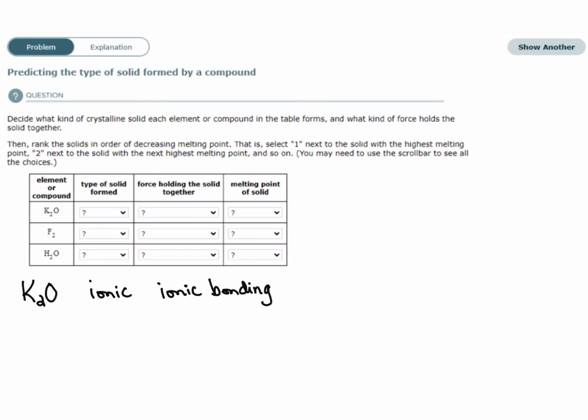And the second compound is F2. That is 2 nonmetals coming together. So this is considered a molecular solid. And this molecular solid is held together by intermolecular forces, but we have to be a little bit more specific. This is held together by dispersion forces.